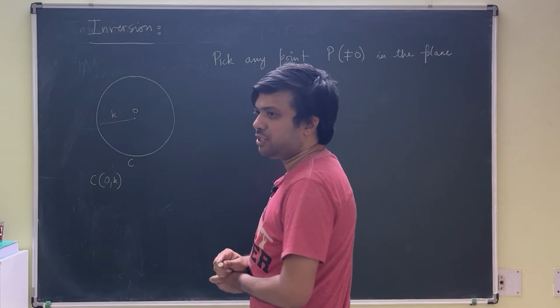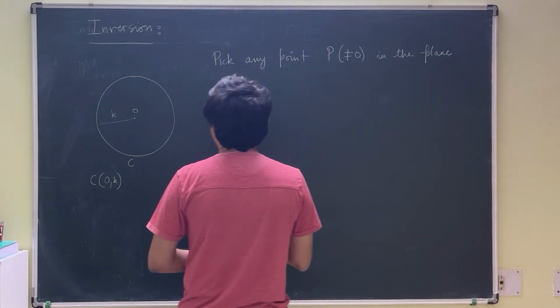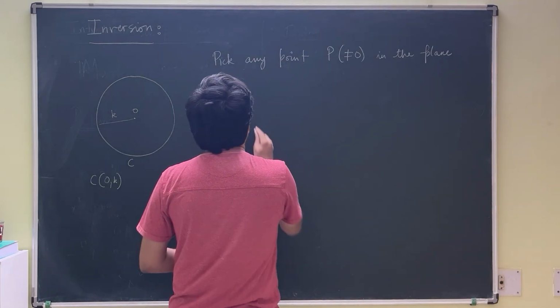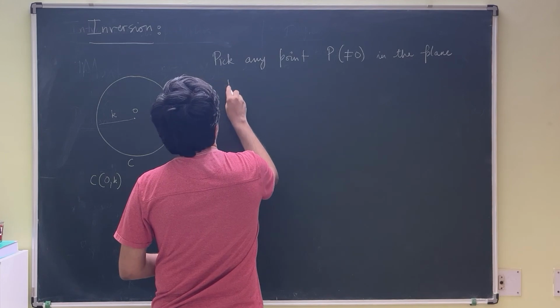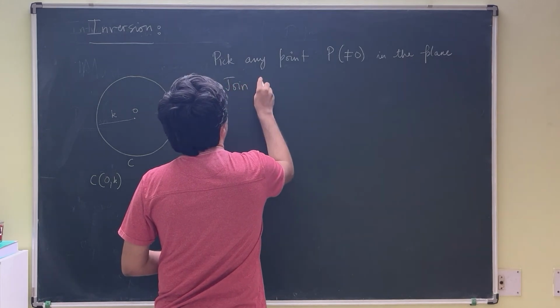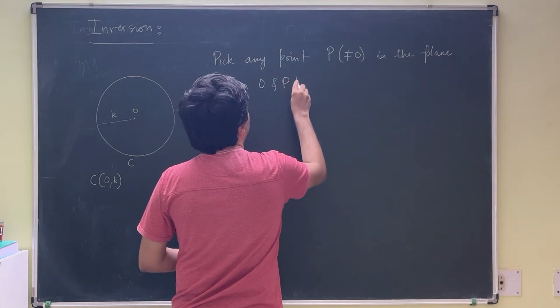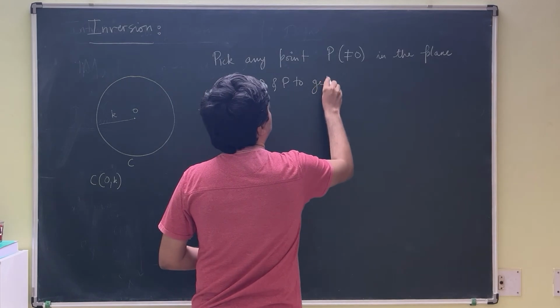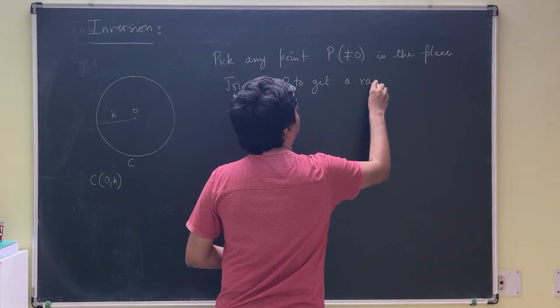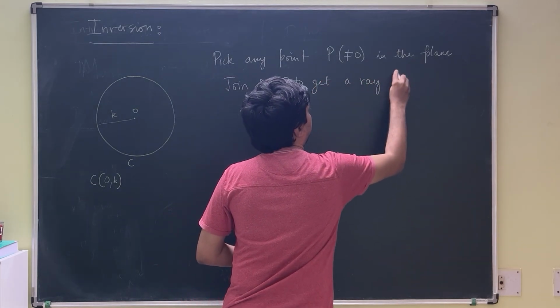Now what you do is you join the point O to the point P to get a ray OP.